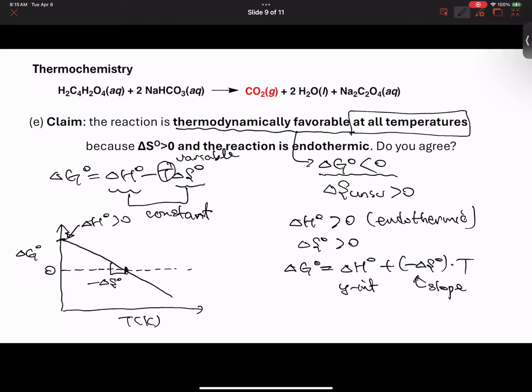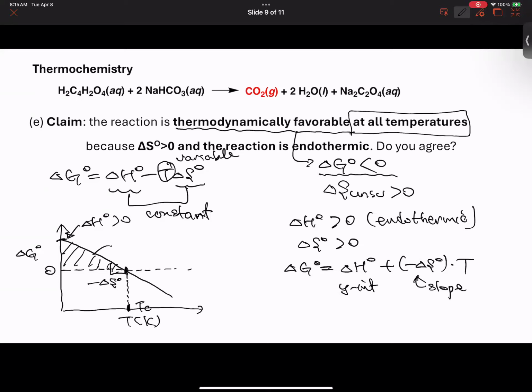The line of delta G is a linear line with respect to temperature. At a certain temperature, it intersects with the 0 line. Let me call this T sub C, a critical temperature. Below the critical temperature, the value of delta G is positive.